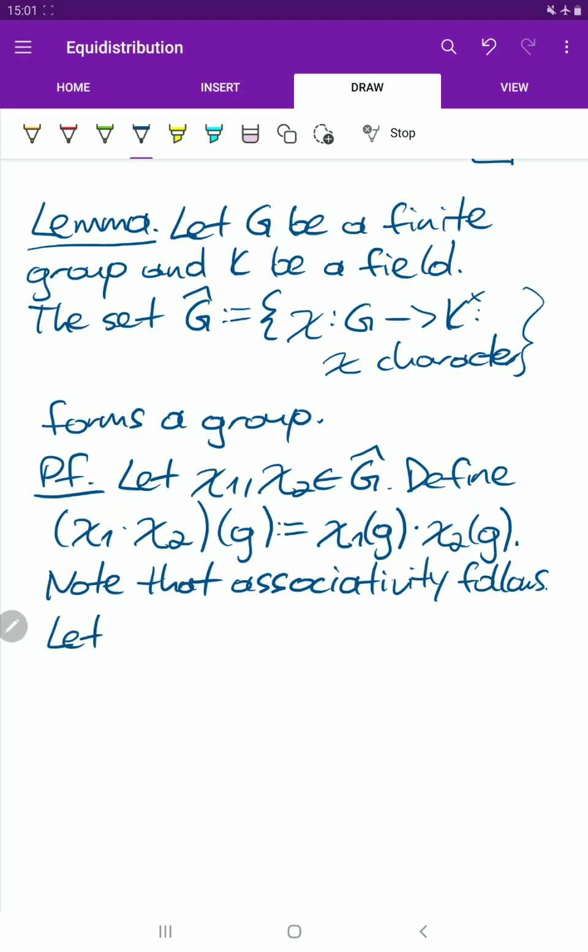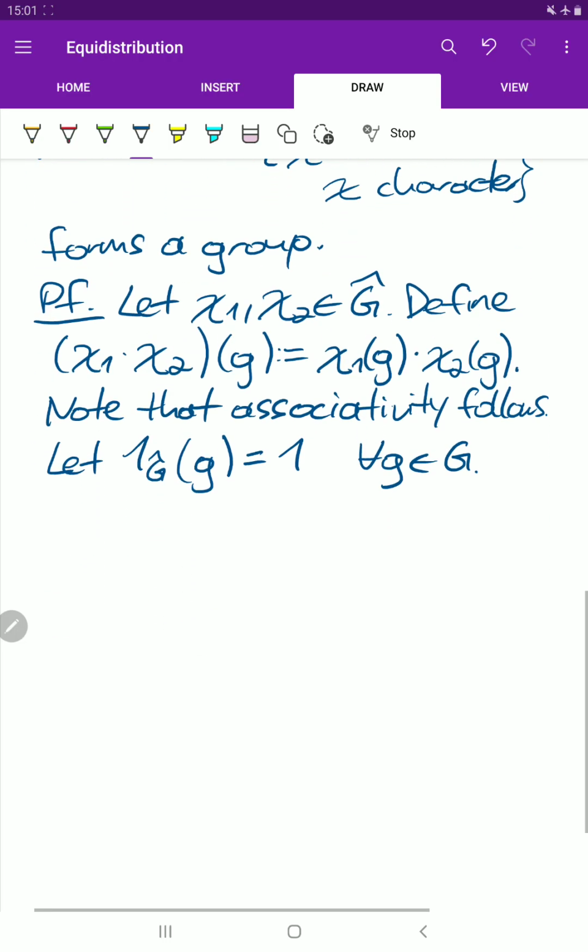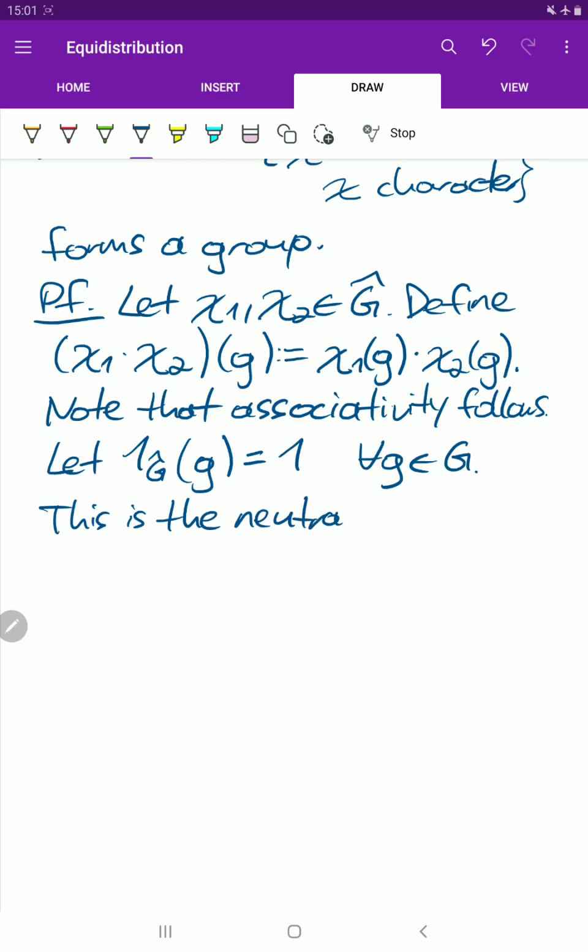And so I already spoke before of the trivial character, so this we define just to be 1 for all elements in the group, and it's easy to check that this is the neutral element.